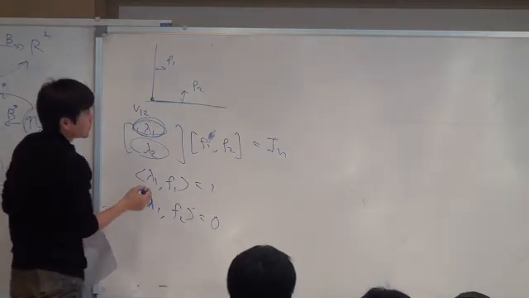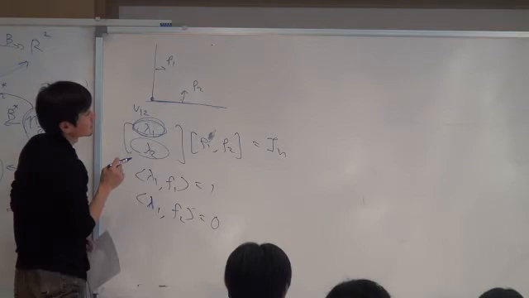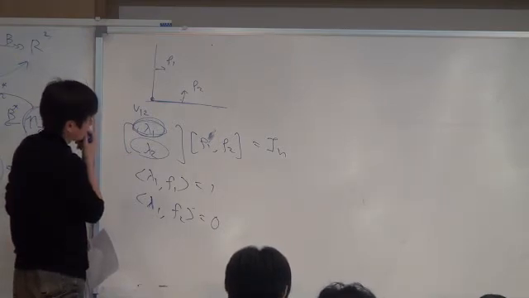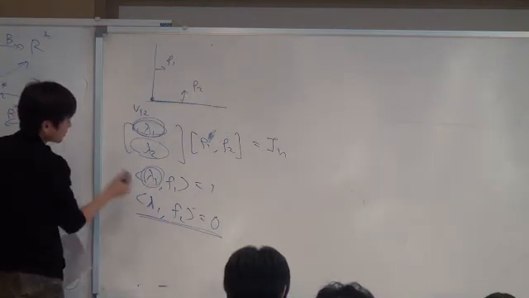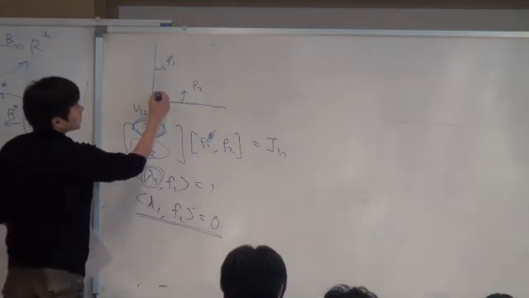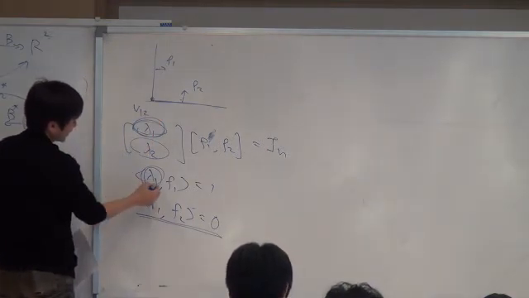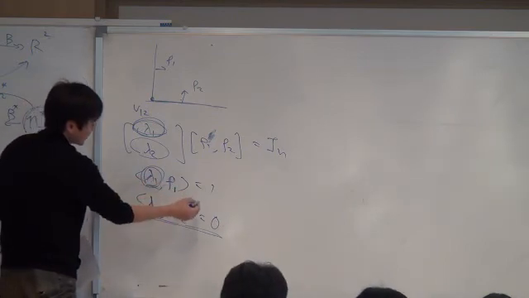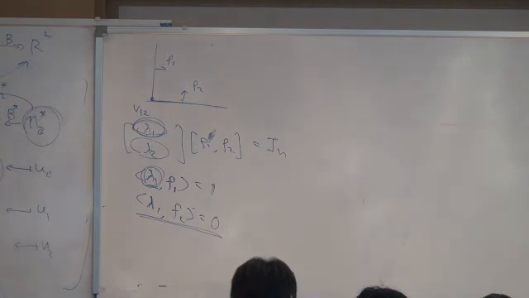Wait, there's something wrong in here. Lambda 1 inner product with row 1, that's 1. So that means... oh, I so messed up here.